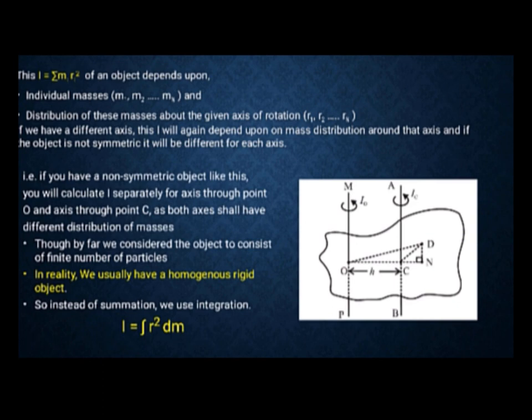If we have a different axis, this will again depend upon the mass distribution around the axis, and if the object is not symmetric, it will be different for each axis.